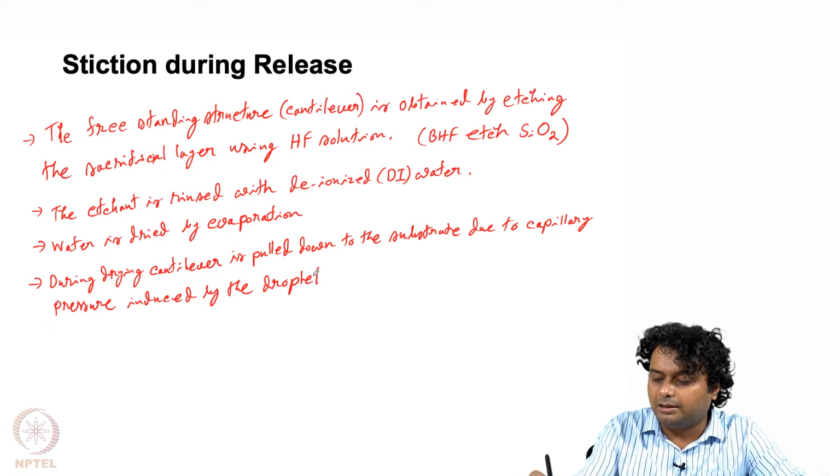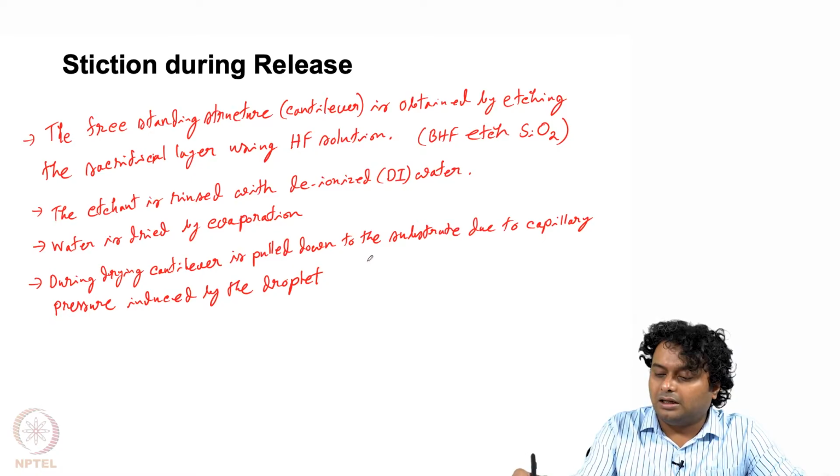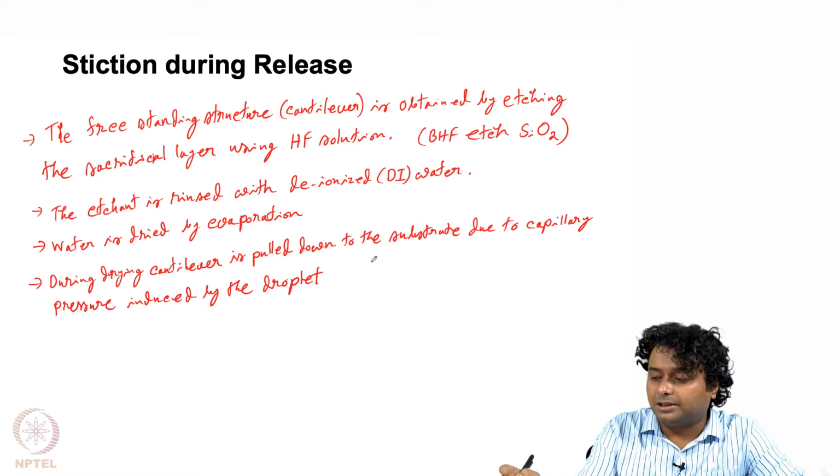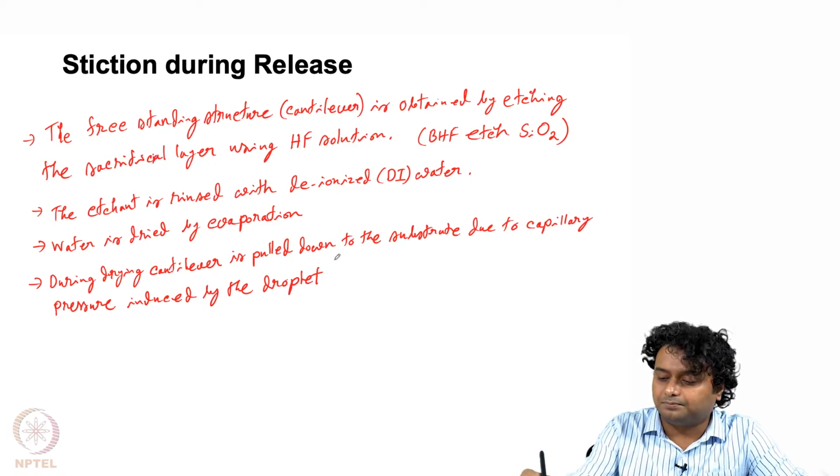So during drying, the cantilever is pulled down to the substrate due to the capillary pressure induced by the droplet trapped in the gap.